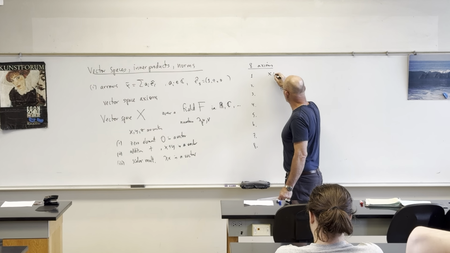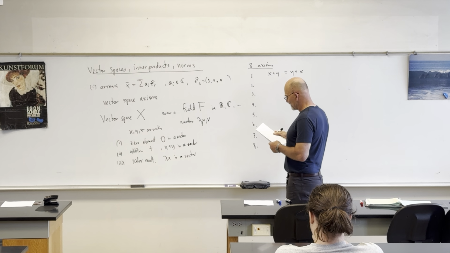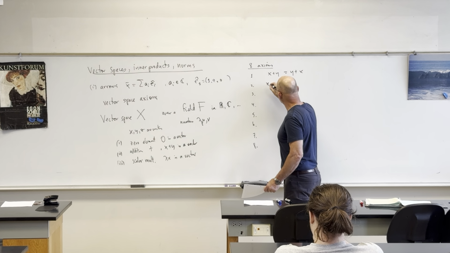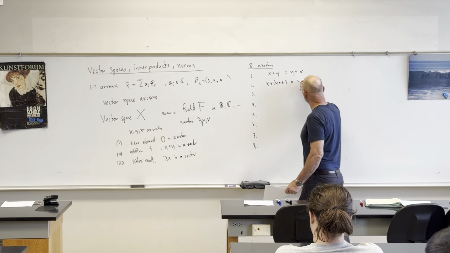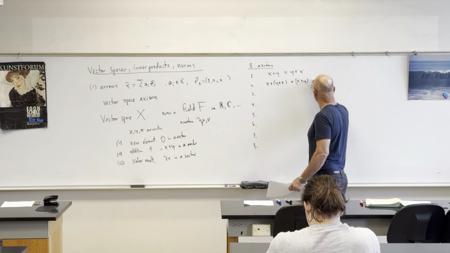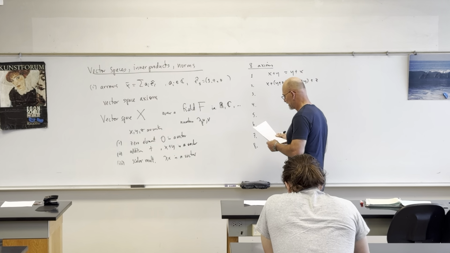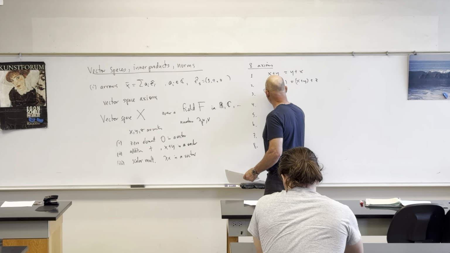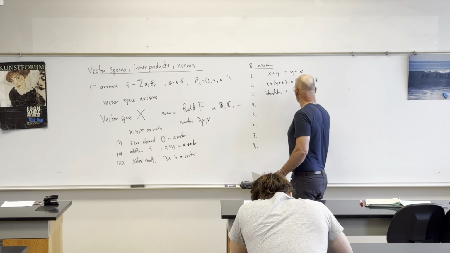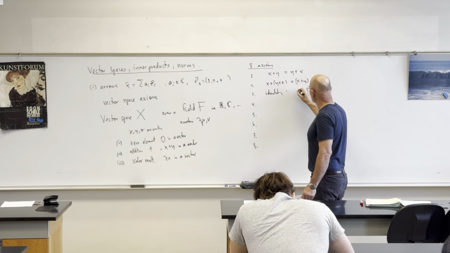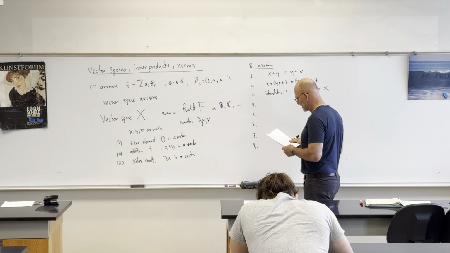And we have commutativity of addition, so x plus y equals y plus x. We have associativity, so x plus y plus z equals x plus y plus z, with the grouping in either order. Identity for addition, which would be x plus 0 is equal to x.